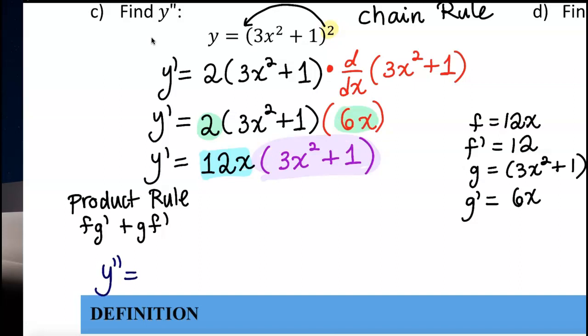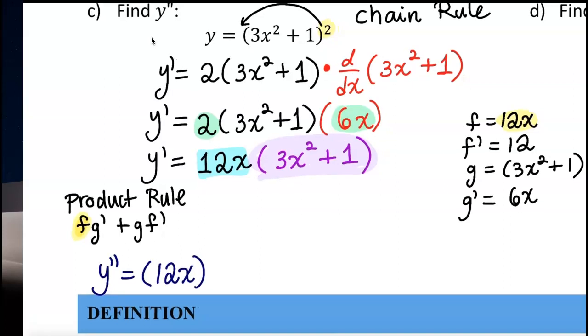Let's go ahead and do first f times, and f is 12x. So I'll do parenthesis 12x. That's getting multiplied by the derivative of the second, which is g prime, and g prime is 6x. So let me write down parenthesis 6x here.